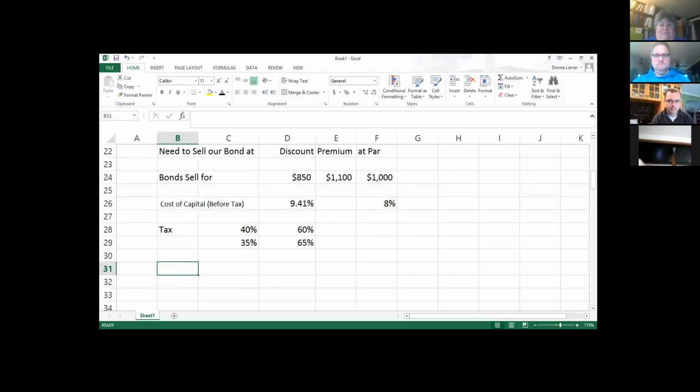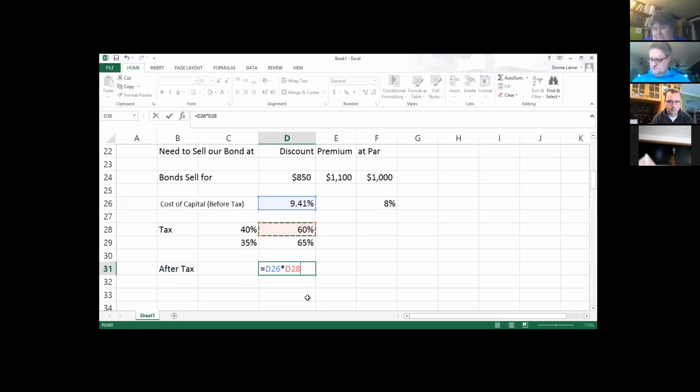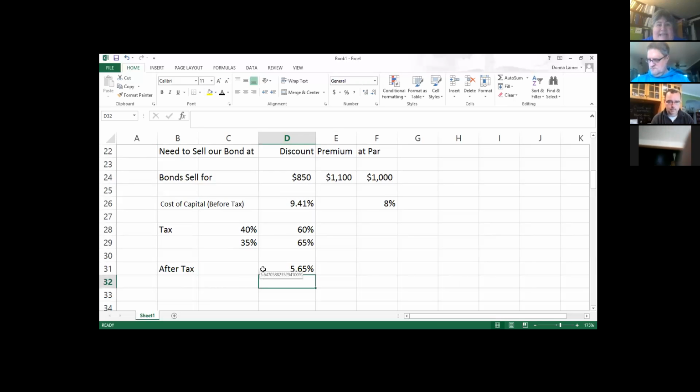So after tax is the before tax times that other part of the interest or tax rate. If you look at the formula in the textbook that we were talking about, that's exactly what they're saying.